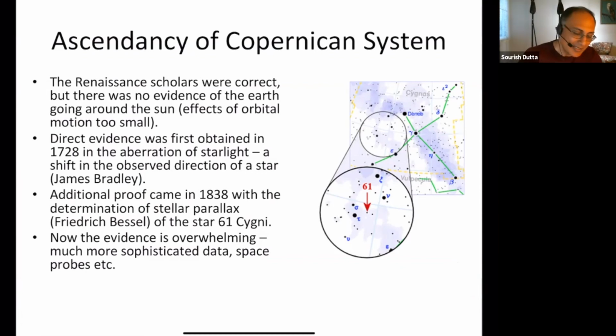And now, eventually, people did realize that the geocentric model is wrong and the heliocentric model is correct. The Earth revolves around the sun, but there was still one very big problem with this in the minds of people at that time, which I've mentioned before, that there is no parallax.